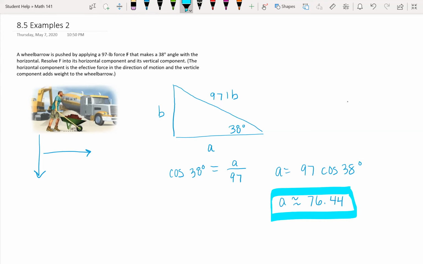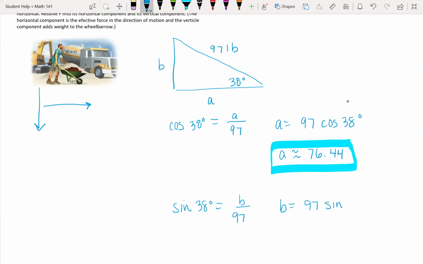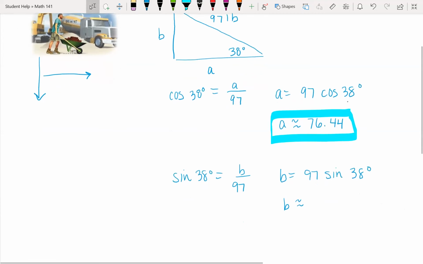Following that same logic for the vertical component, I can say that the sine of 38 degrees is equal to B over 97. Or B is equal to 97 times the sine of 38 degrees. And then plug that into a calculator, and we get that B is approximately 59.72.